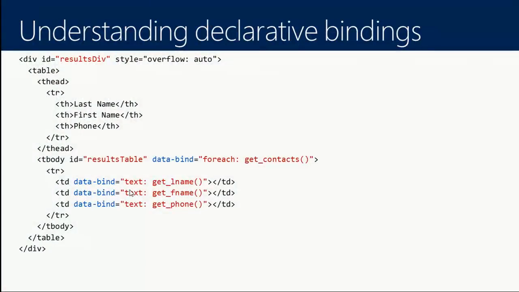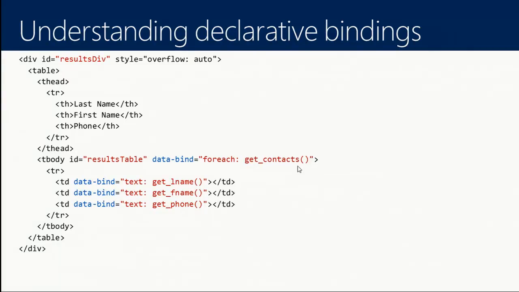So when it comes to declarative bindings, it's also pretty straightforward to use. Here's a page that has a div in it and a table that's going to show the contact information that we've been looking at. Here's where you want to focus on the stuff that's in red. You see this data bind right here? For each get contacts.